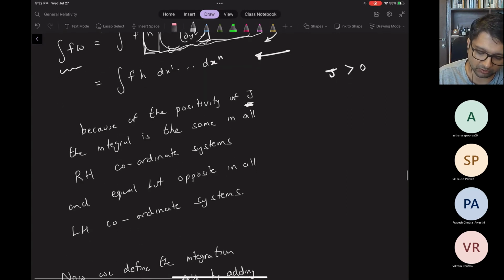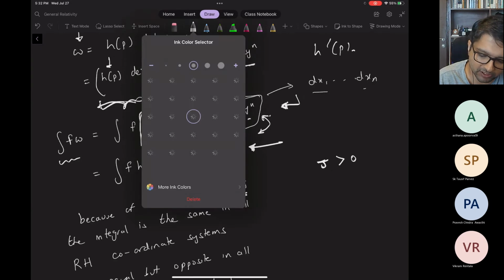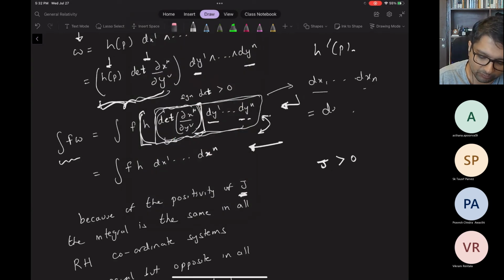Normally, when you think about the orientation of the integration, when we change variables, we get the mod of the determinant of the Jacobian times dy1 dot dot dot dyn. The key point is that here we're not getting the mod of the Jacobian. We just get the determinant of partial x mu, partial y nu.